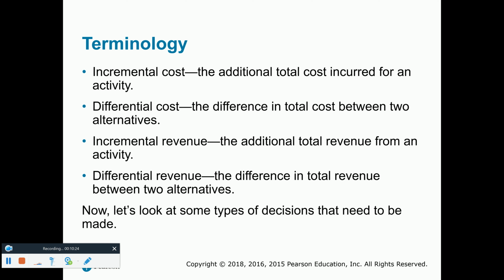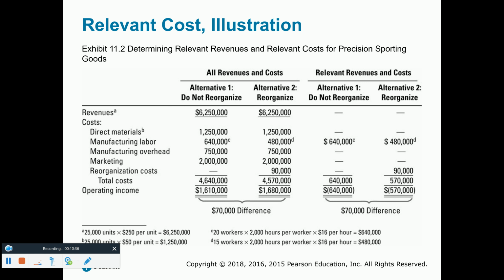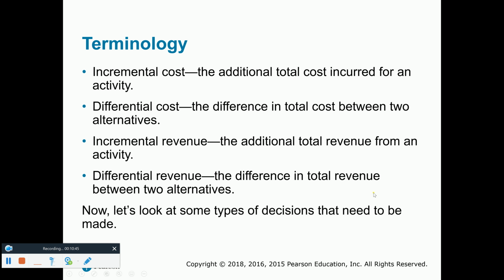So it's the increment, the difference, if you will. The differential cost, on the other hand, is the difference between the total costs between the two alternatives. So going back a couple of slides, the differential cost, as you see down here, is $70,000. That's the difference. That's what we call the differential cost.